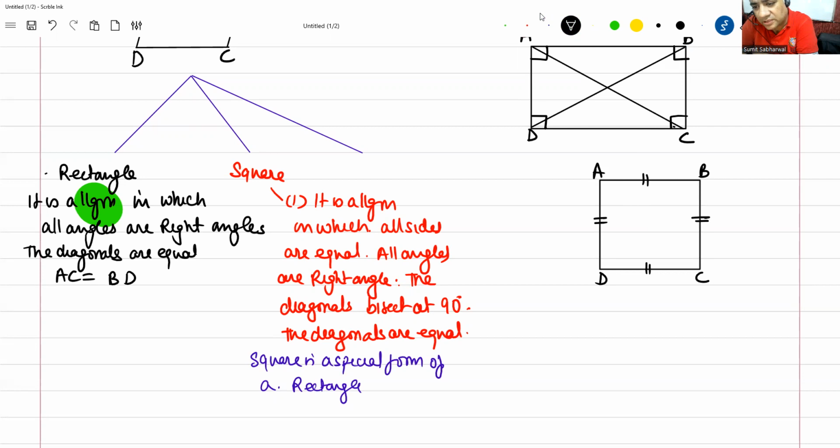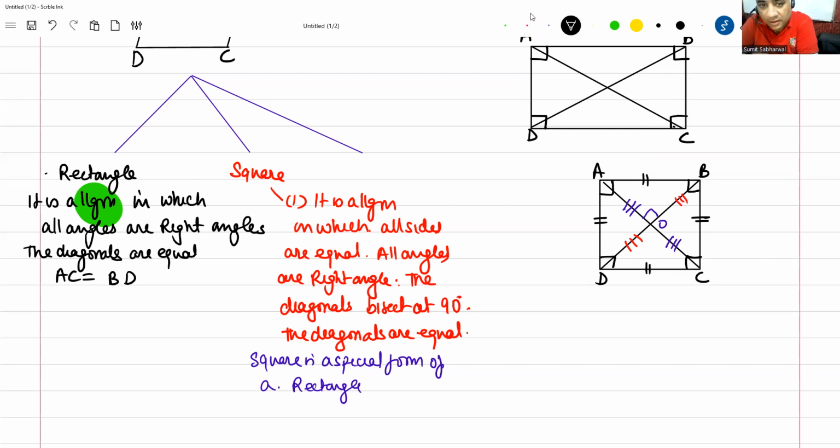We can say the opposite sides as well. We can say AB is equal to CD and all angles are 90 degrees in case of a square as well. And one more thing, diagonals are also equal. And something that separates it from a rectangle is that the diagonals bisect at 90 degrees, which clearly means AO is equal to OC and OD is equal to OB.